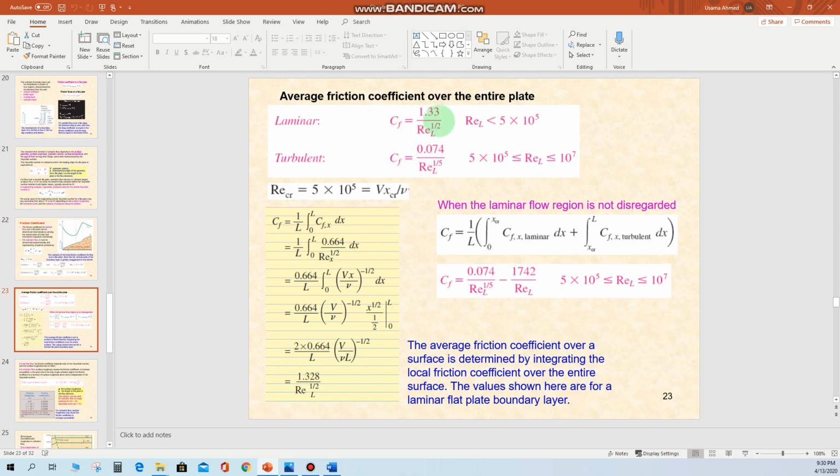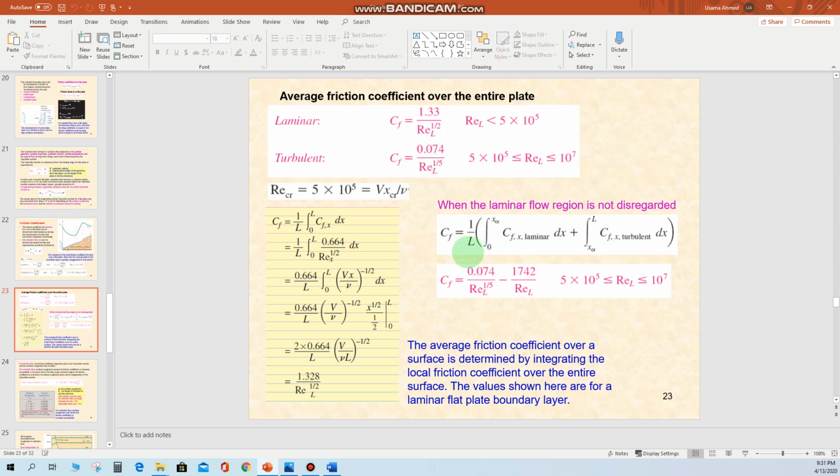So we can rely on these equations. If it is given to you categorically that you are dealing with the laminar flow, then you can use this equation to get the coefficient of friction for the entire plate. And similarly, if it is provided categorically that you are dealing with a turbulent flow, you will check the Reynolds number value and then you will get the coefficient of friction for the entire plate.